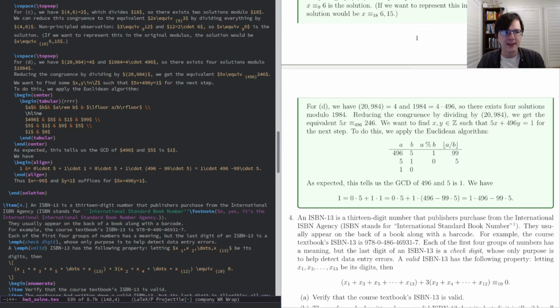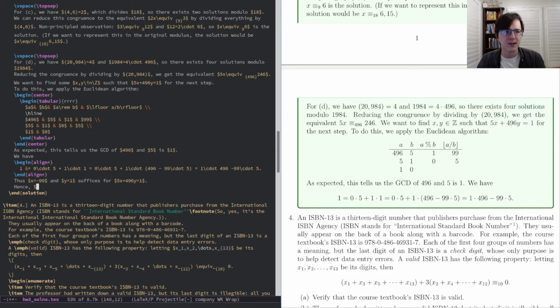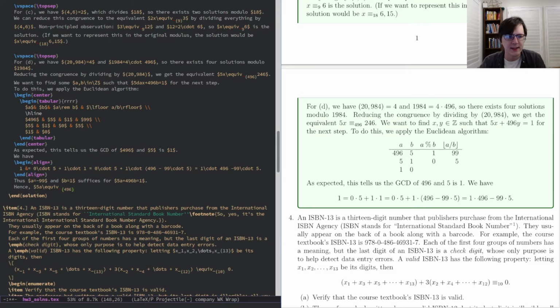Well, the point is that, hence, why did I use x and y? Let's change this to a and b, because we're already using x. Okay. Hence, 5a is congruent mod 496 to 1.